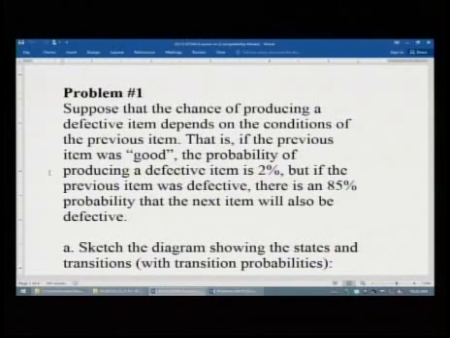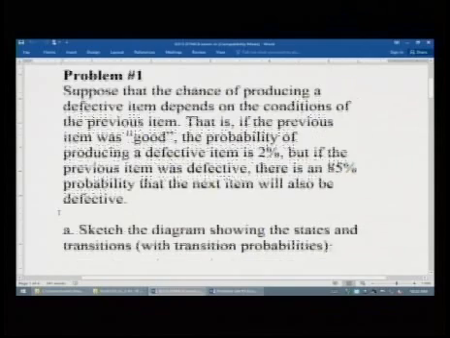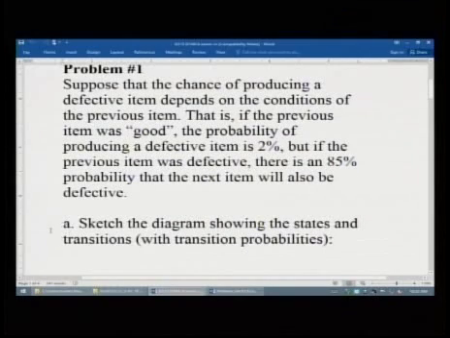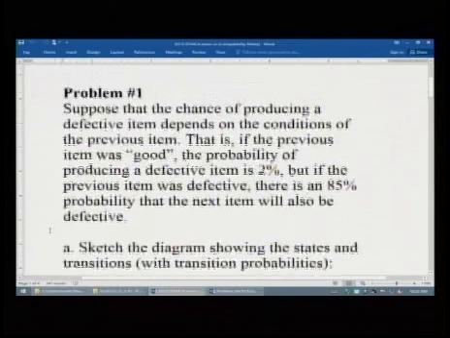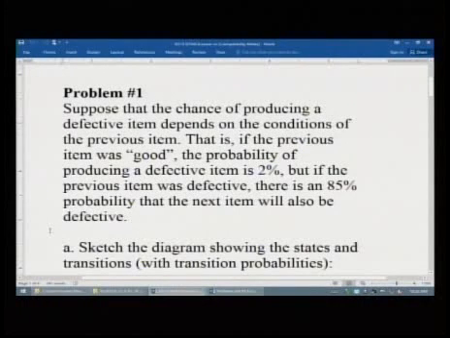That's the only condition given. Now, given this condition, you are required to sketch the transition diagram that shows the states and the transitions and the corresponding transition probabilities. So let me give you like 2 minutes. Why don't you think about this?